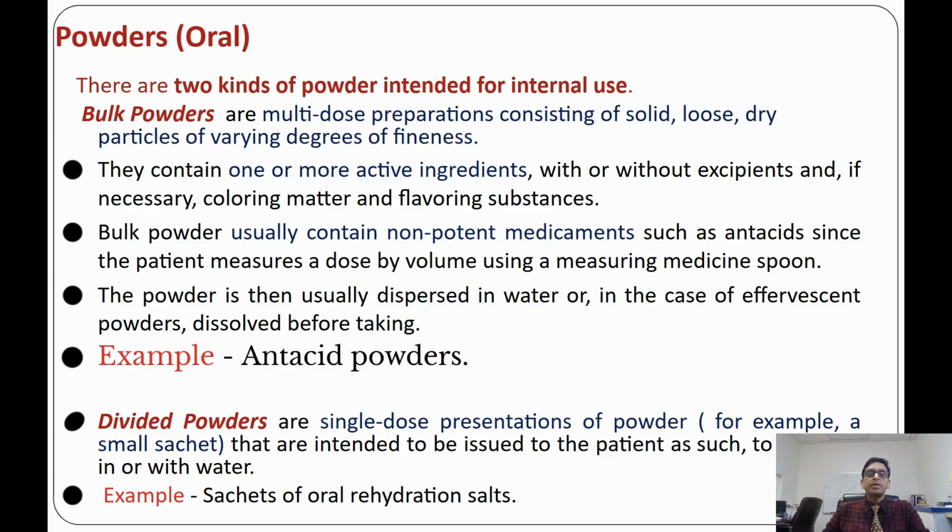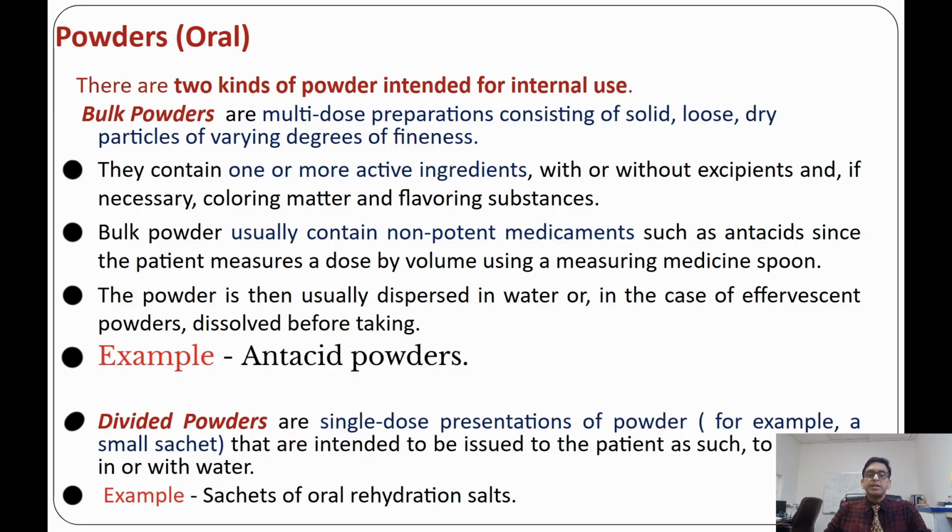They contain one or more active ingredients with or without excipients, and if necessary, coloring matters and flavoring agents can be added. Bulk powders usually contain non-potent medicaments such as antacids, since the patient has to measure the dose by volume, using medicated spoons or measuring systems.